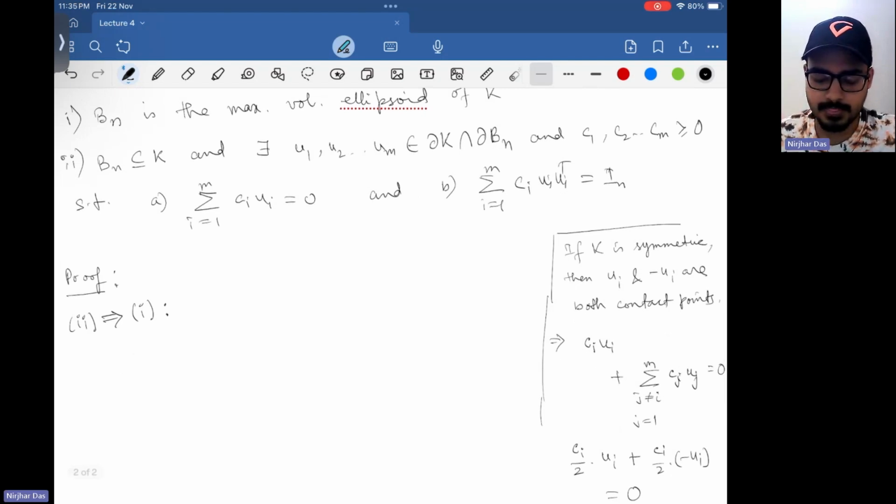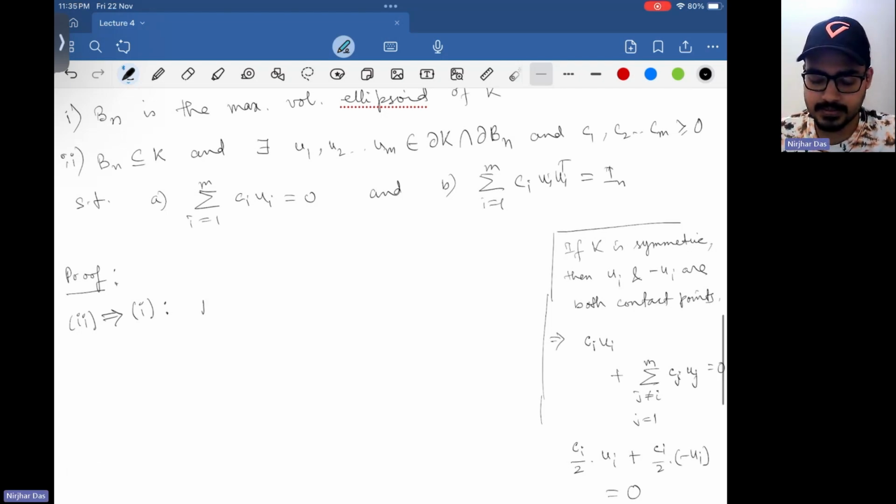So we know that Bn is inside K, but suppose that there is some other ellipsoid, T times Bn, where T is some PD matrix, right? This is another ellipsoid.